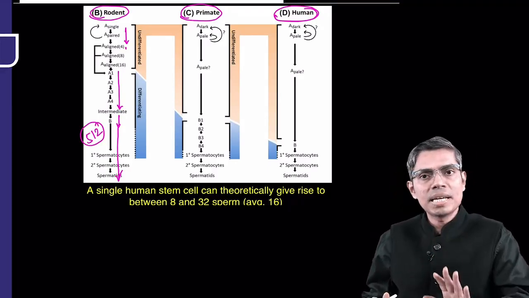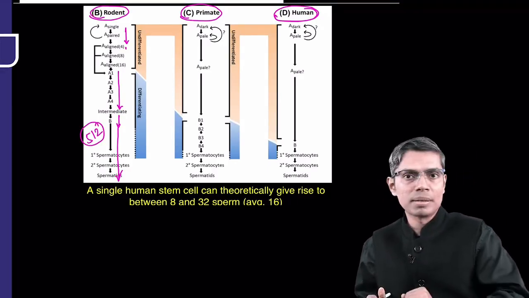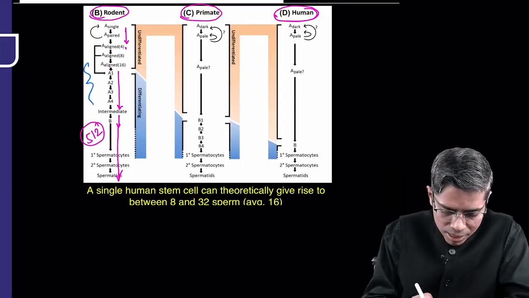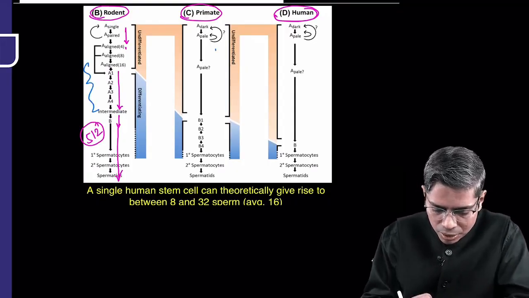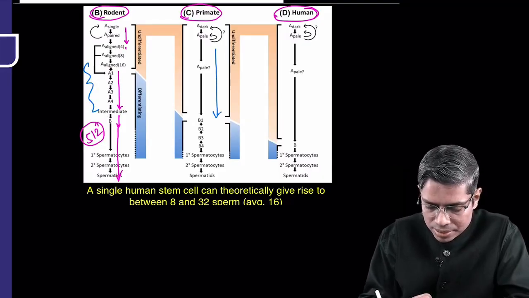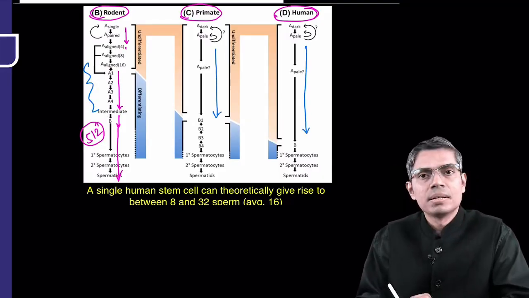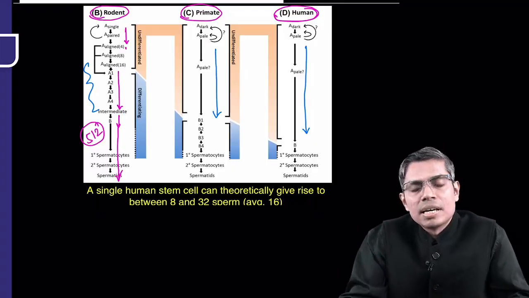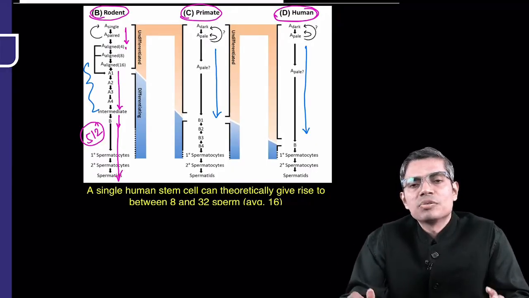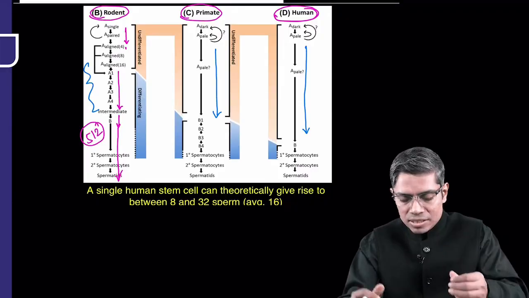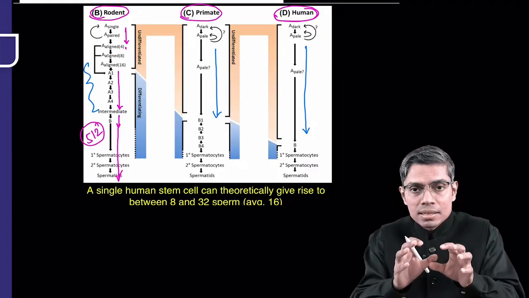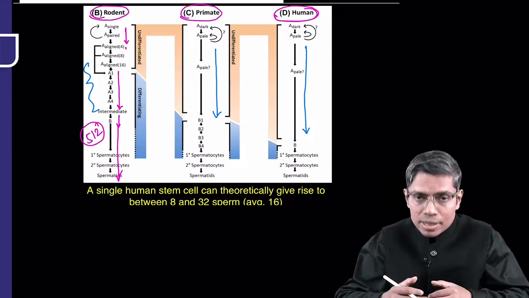In case of primates as well as human beings, all of these steps which occur here are not there. You can find here there is a big gap. These A1, A2, A3 stages of mitosis do not happen in case of human. That's why it is said that in human, the spermatogonia cells remain patchy inside the seminiferous tubule. They are not continuous.